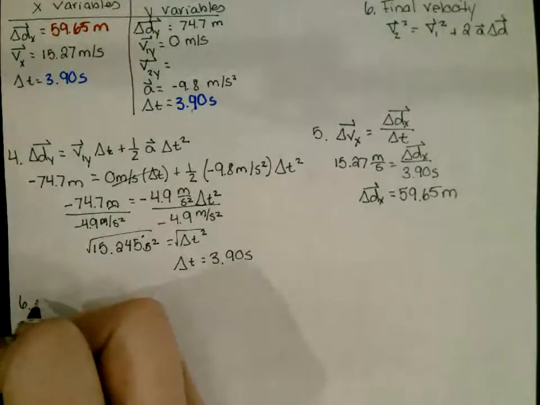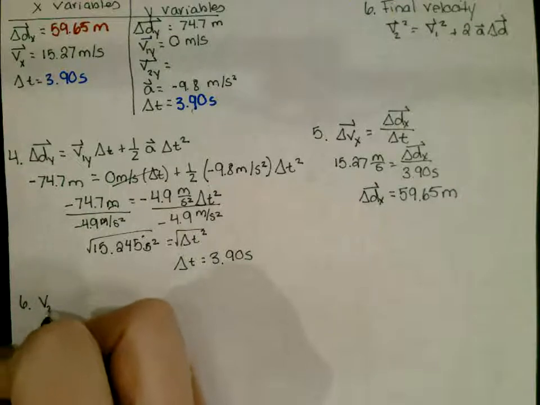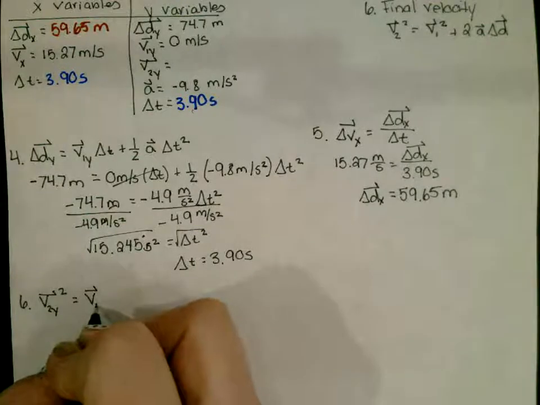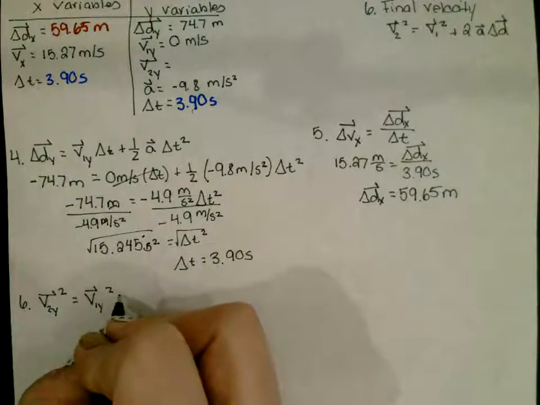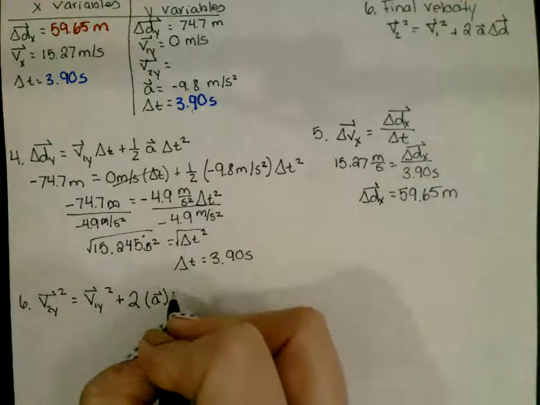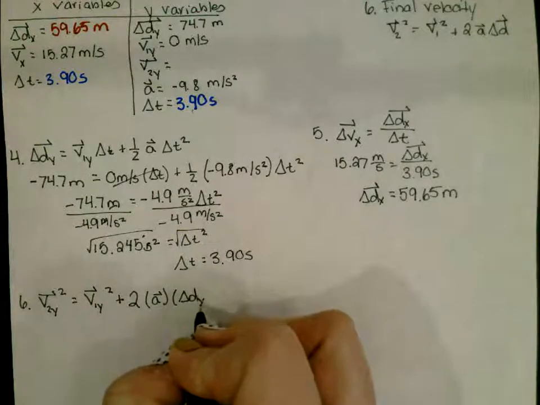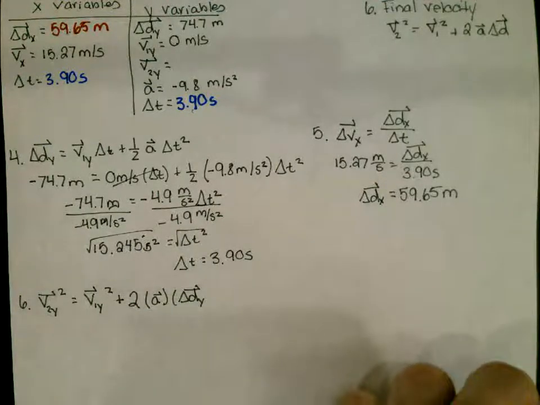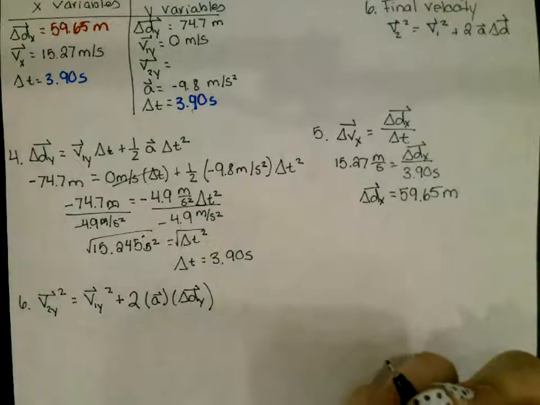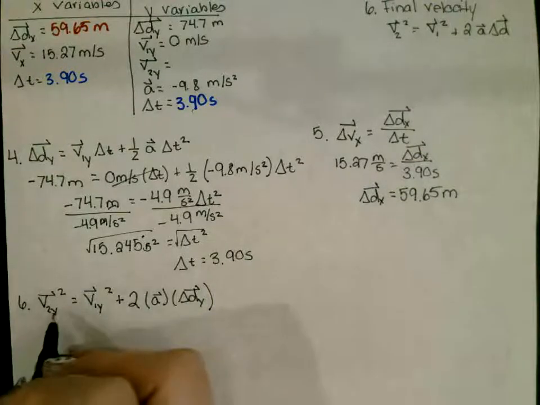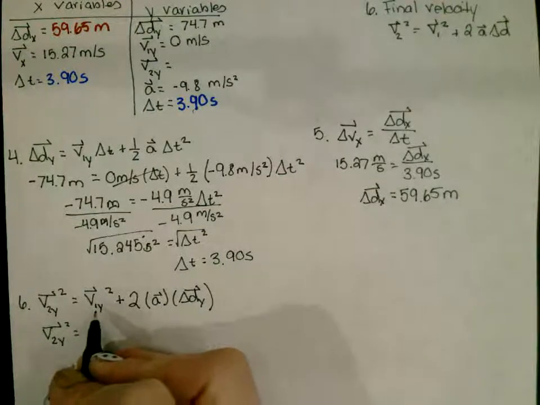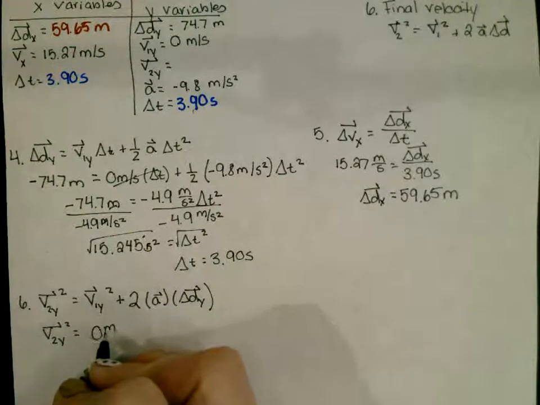So I have my final velocity on y squared is equal to my initial y velocity squared plus 2 accelerations displacements of y. This is what I'm looking for. I'm looking for that final velocity. My initial y velocity was 0.